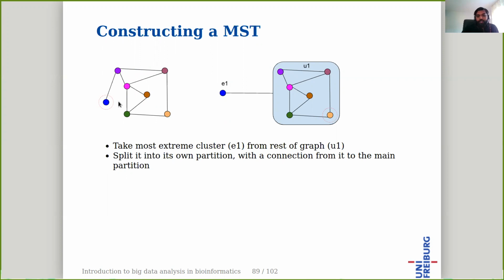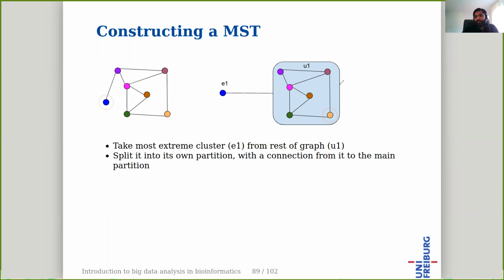We start with this clustering, then we take the most extreme cluster. This is this blue one here. We connect this most extreme cluster, and we group the rest of the graph, so we have a connected graph here.